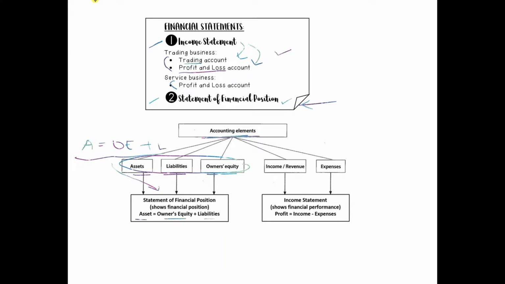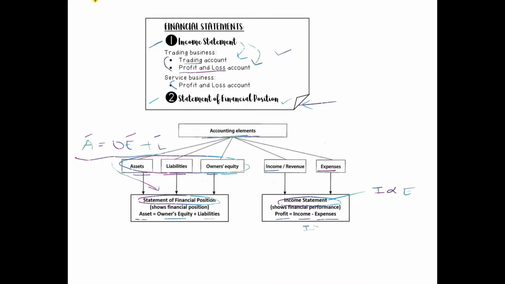Whereas for income and expenses, they will go into the income statement, under the profit and loss account, because profit equals income minus expenses.